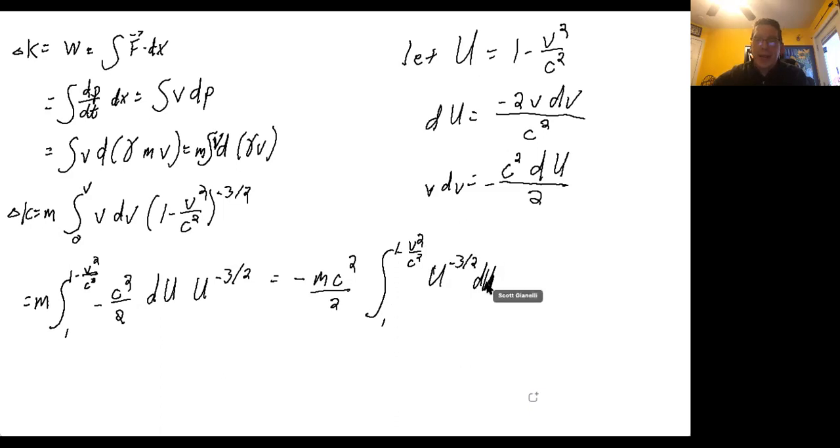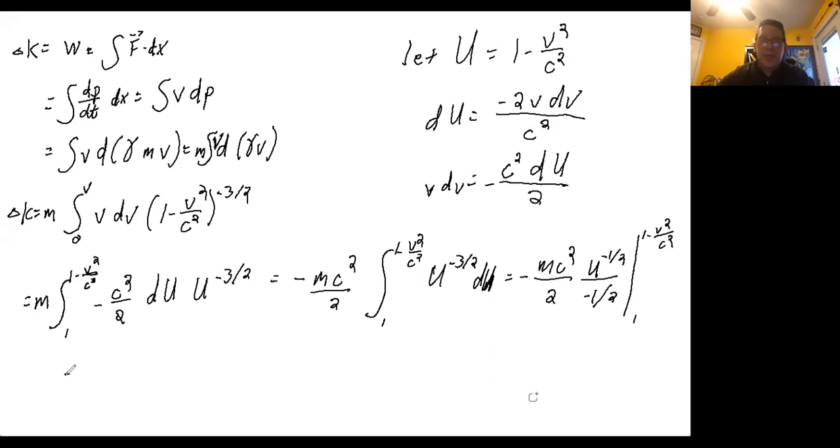So now when you integrate that, you still have the negative MC squared over 2. This becomes U to the negative 1/2 over negative 1/2. And notice you get a few things canceling out conveniently. And you get 1 and 1 minus V squared over C squared at the top. So the 2's and the 1/2 and the negatives drop out.